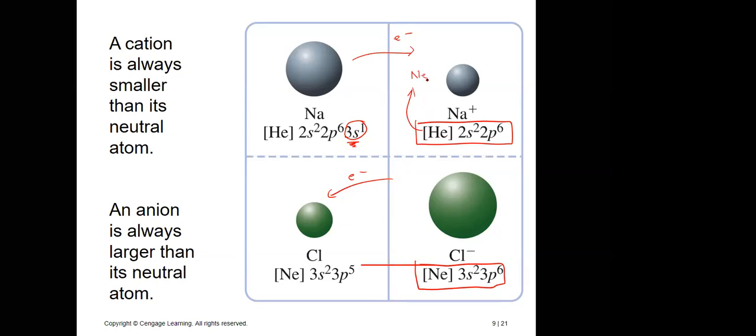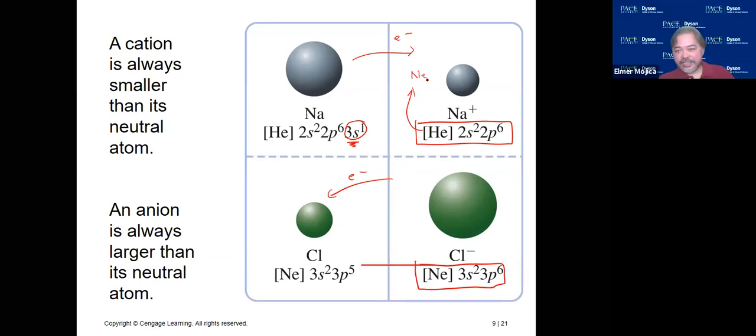It's the same as neon, right? And if you go further, it's also the same as F minus. So when you look at the electron configuration of F minus, it is just 1s2, 2s2, 2p6. So F minus has that configuration, neon has that configuration, and sodium ion has that configuration.